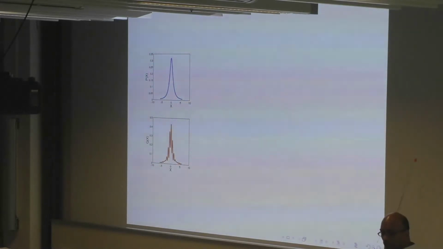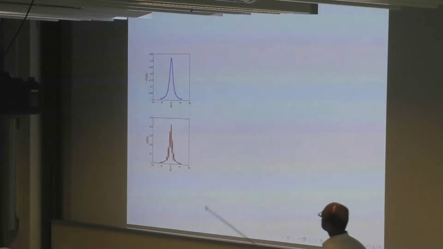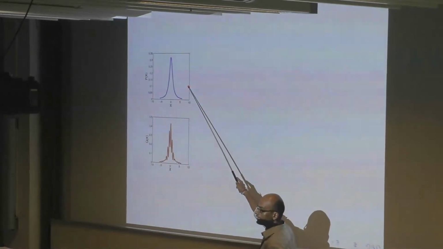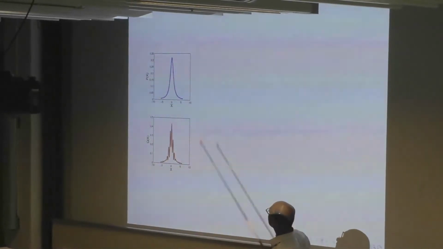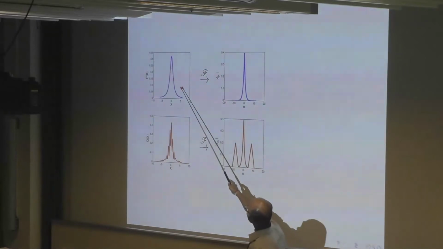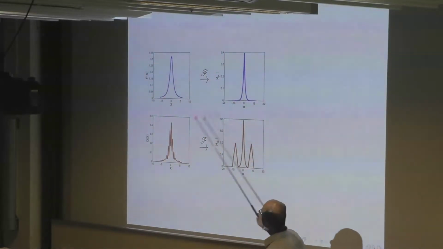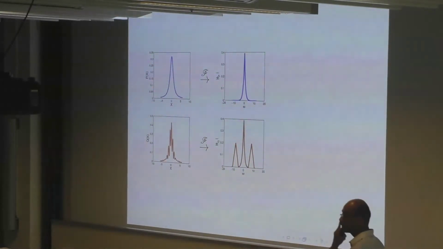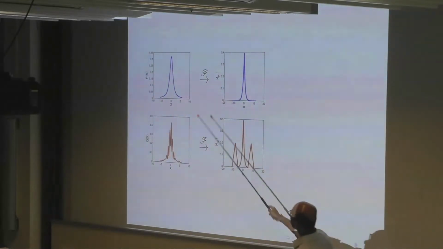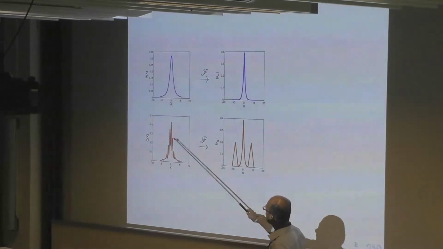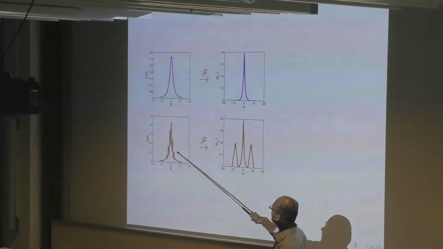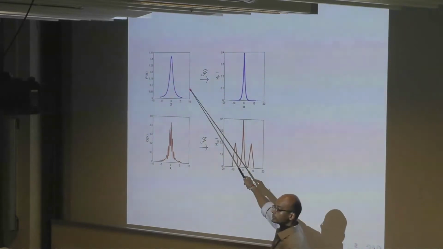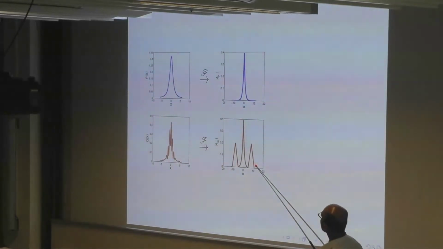First of all, to understand what I wrote in the previous slide, let's understand what happens with Fourier transforms. Let's say this is a function, and I've added some noise to this function to get this function. Let us take the Fourier transform. The Fourier transform of this function is this, and the Fourier transform of this one is this. As you can see, this is a smooth function. Because I have added noise, this is a rough function, which means it has higher frequency components than this one, which is denoted by the Fourier transform.